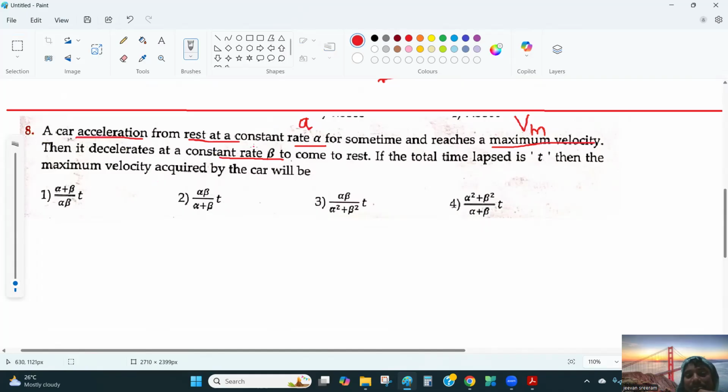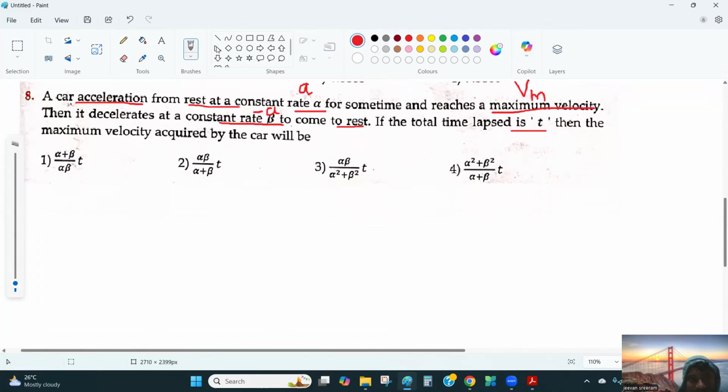If the total time lapse, for acceleration it is T1, for deceleration it is T2, T1 plus T2 is given as T, then find the maximum velocity acquired by the car. So standard question.